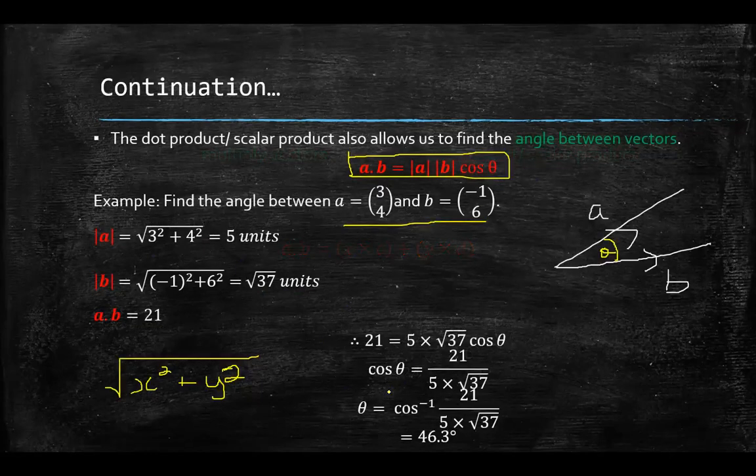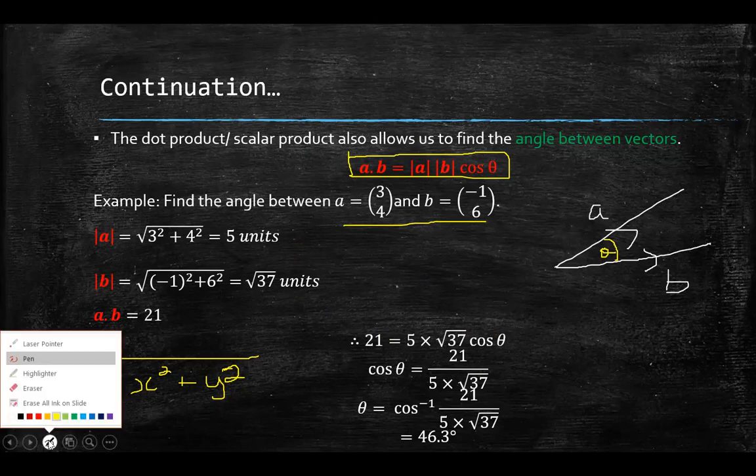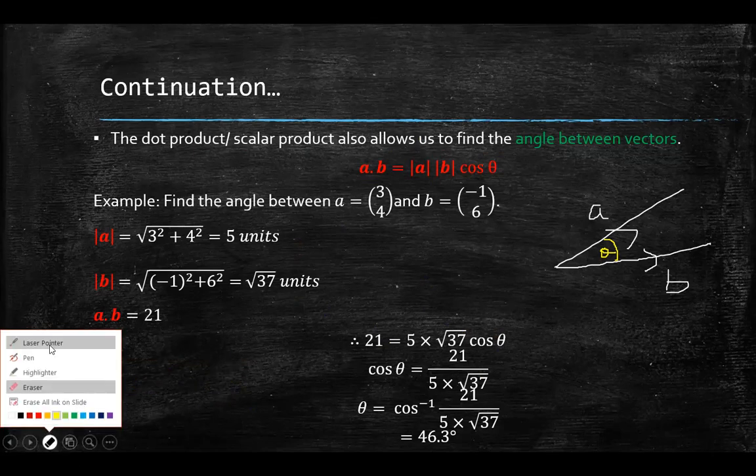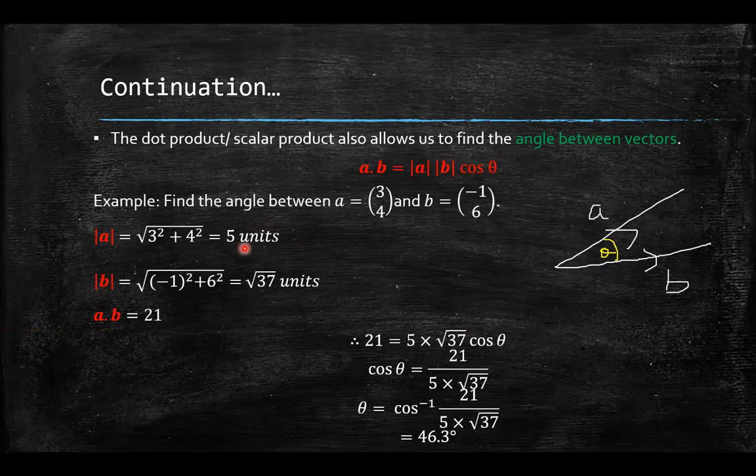So basically, when you want to find the angle between the vectors, you need to make sure you have the dot product and then the magnitudes of both of the vectors. And then you'll be able to apply this formula, right? So now that I have both magnitudes and the dot product, I just substitute them into this formula and calculate the angle. So let me just clear this because there are too many things on the screen right now. So I have all that I need.